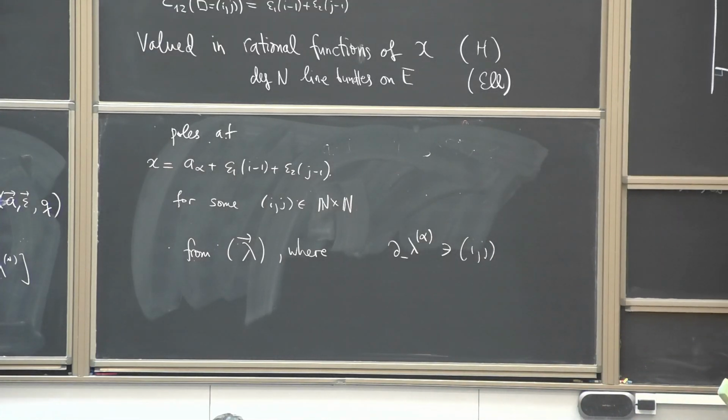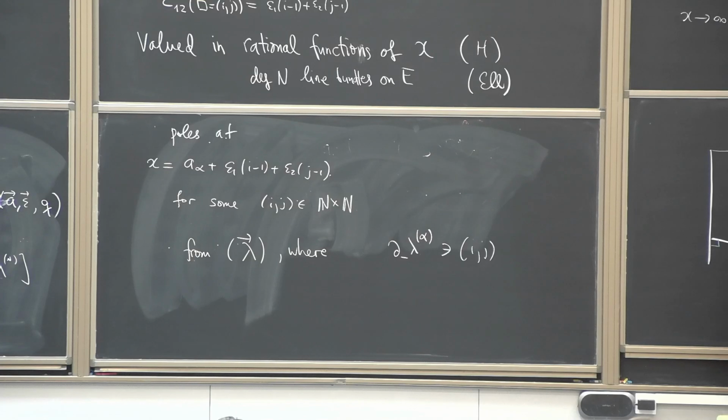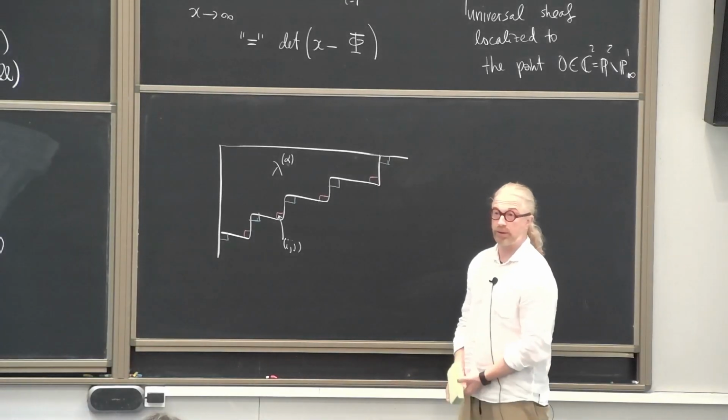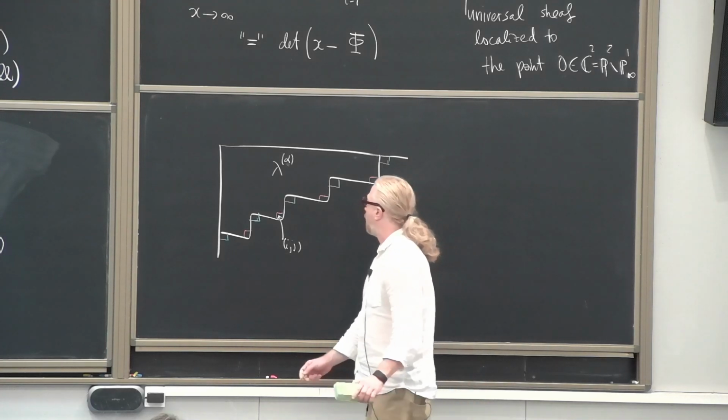So in the ensemble of all Young diagrams, the ones in which the diagram associated with color alpha has the box ij in here will contribute to the poles of this expectation value.